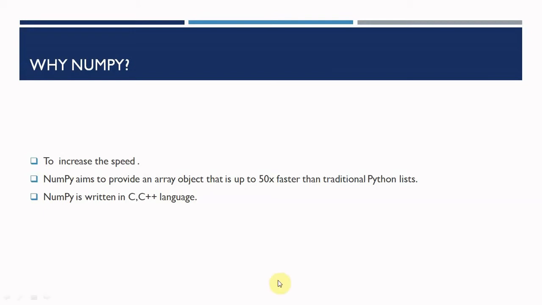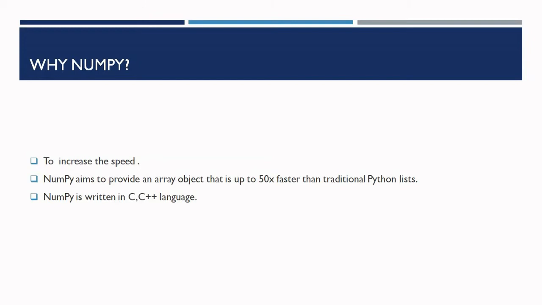Numpy aims to provide an array object that is up to 50x faster than the traditional Python list. Numpy is written in C and C++. So why is it needed? Because we can perform these operations as simply as possible by using Numpy. In Python, we have lists that serve the purpose of arrays but they are slow to process.